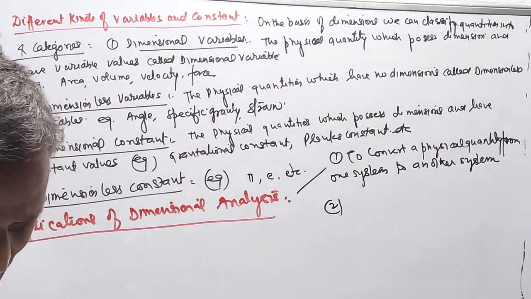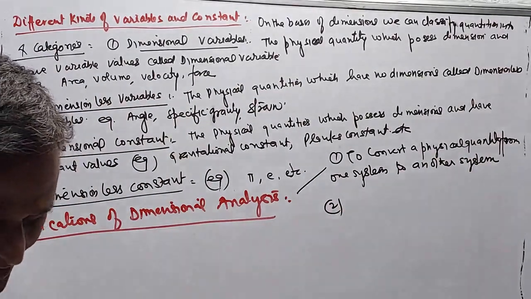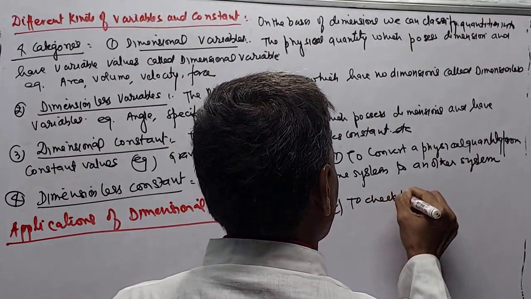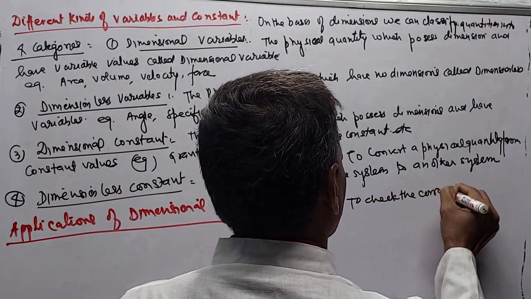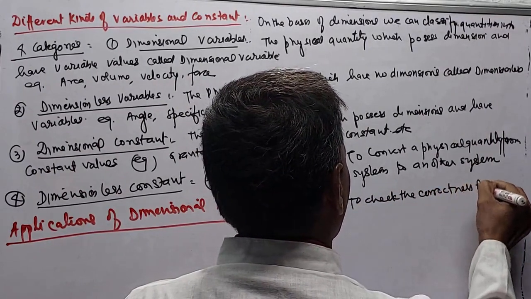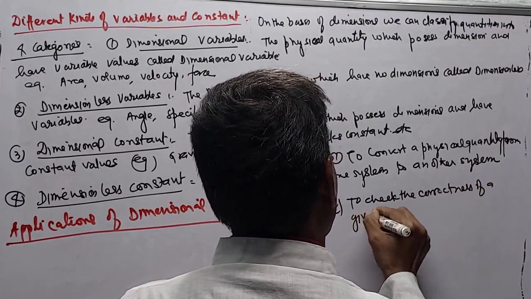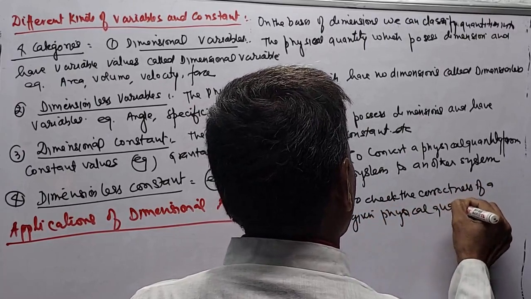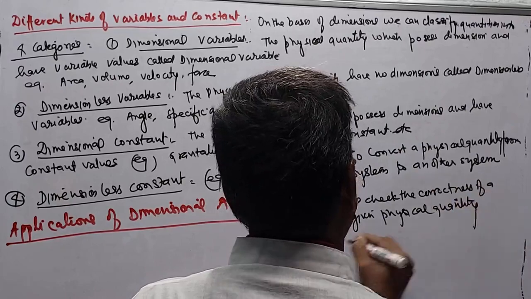Second one is to check the correctness of a given physical quantity.